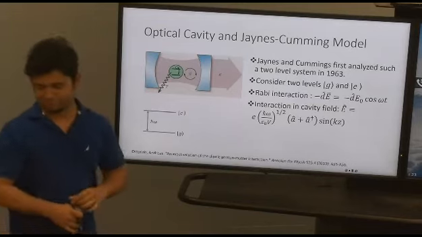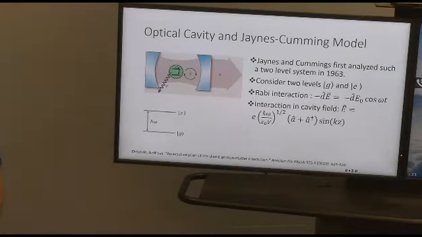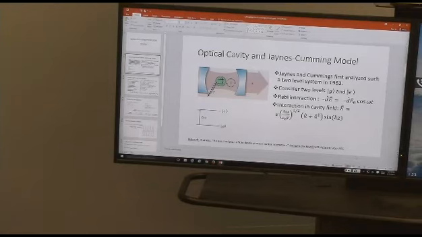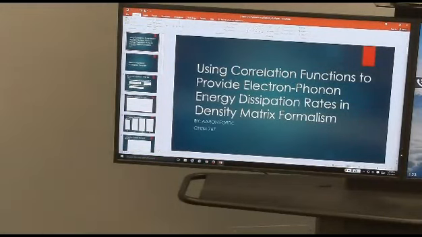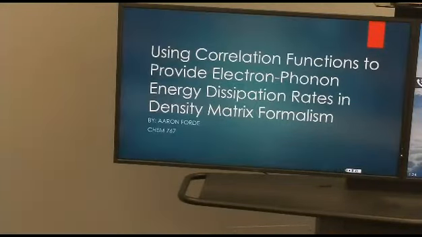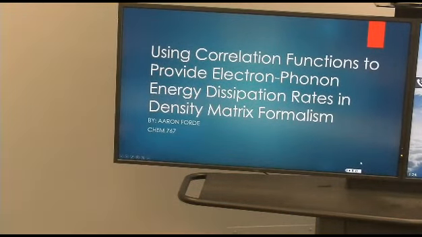Let's thank Gifford once again. The next presentation will be by Aaron Forde with a little more insight into methodology, and he will logically continue this idea. In the presentation by Gifford, we were looking at the dynamics of a two-level system affected by interaction with one harmonic oscillator, and we saw that something that looks like relaxation happens.